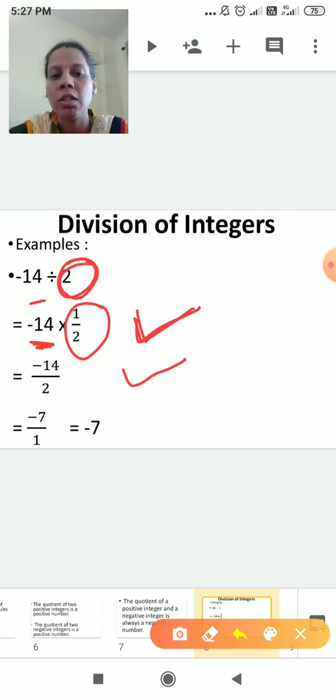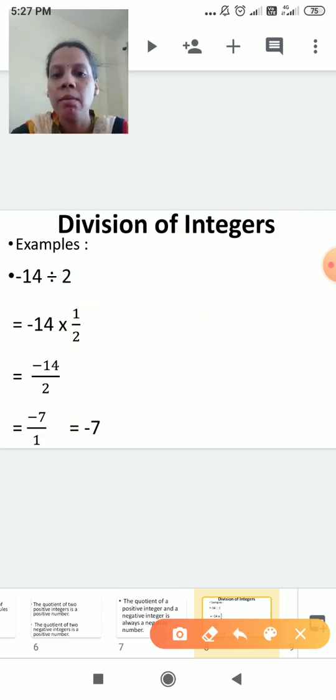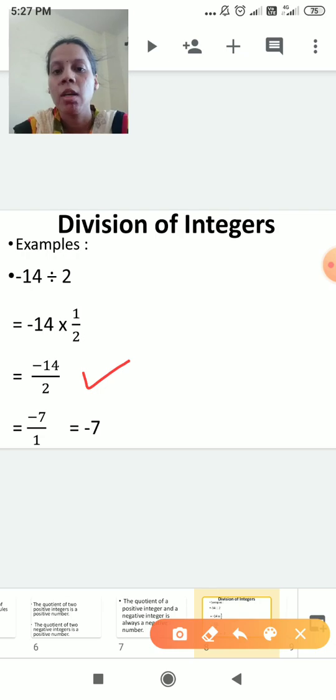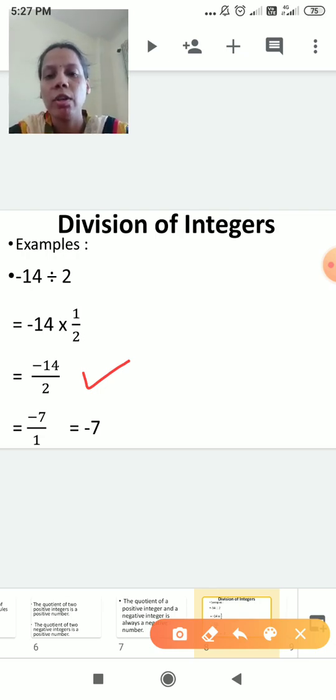In the second step, minus 14 multiply by 1. Minus 14 ones are minus 14. Numerator multiply by numerator. And in the denominator, which number is there? 2, correct. So we have written minus 14 divided by 2 in the second step. 2's table, all of you know the 2's table?